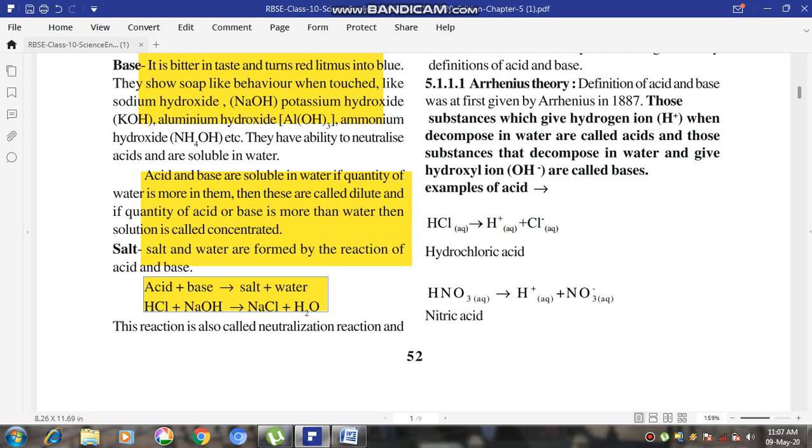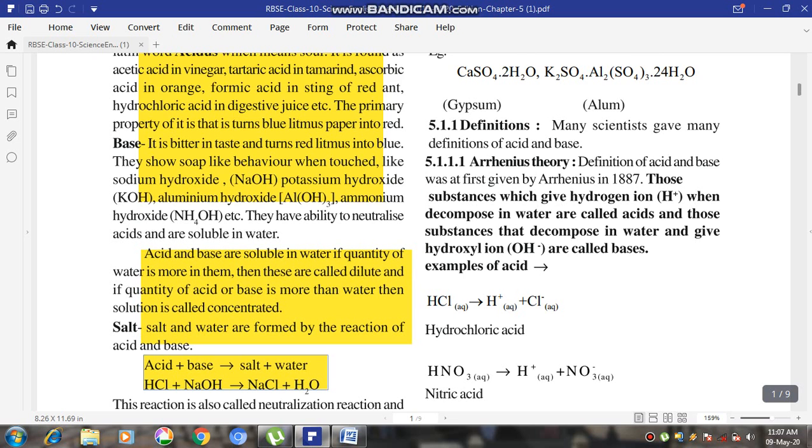What is a neutralization reaction? Neutralization reaction is a reaction when the acid and base react together and form salt and water. Neutralization means the quantity of acid and base are equal.